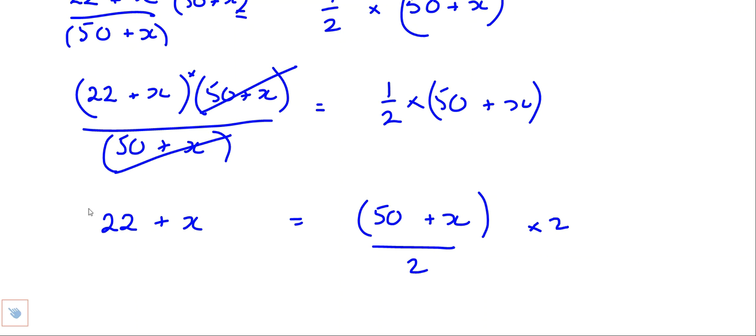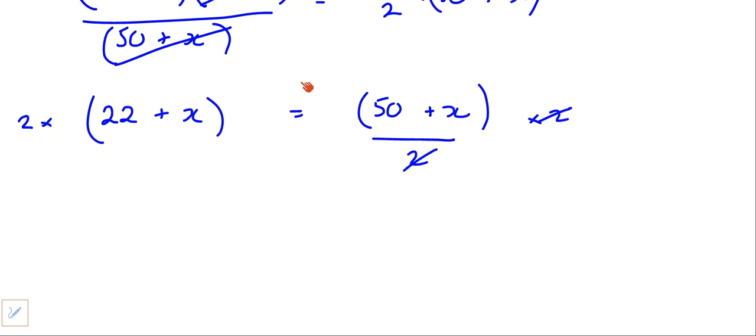So I times by 2, which undoes that, and I get left with 44 plus 2x.